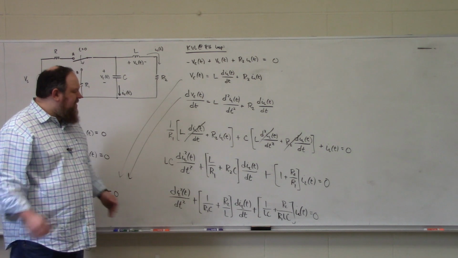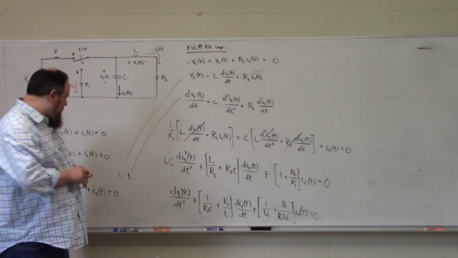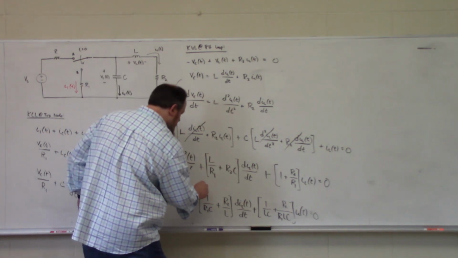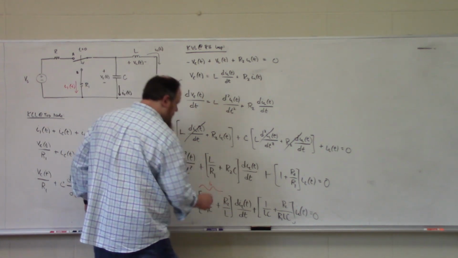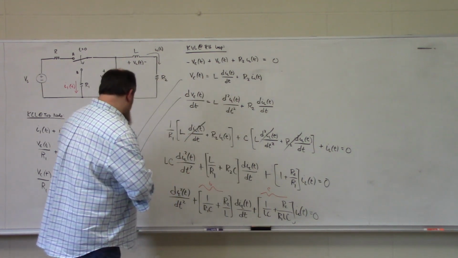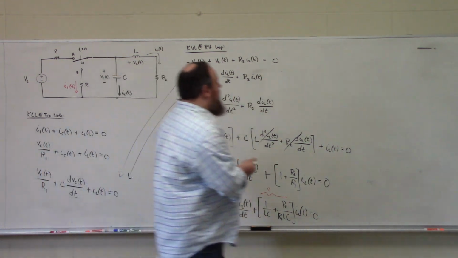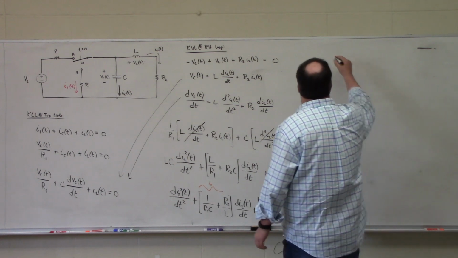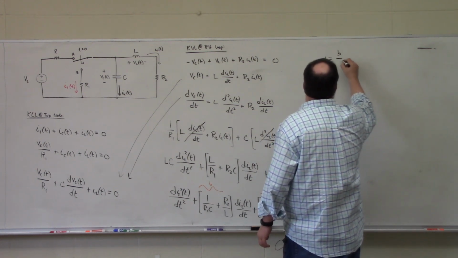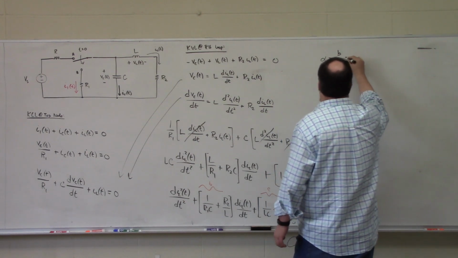And now I have my simple second order differential equation where this is my component B and this is my component C, so that I can say alpha is B over 2.